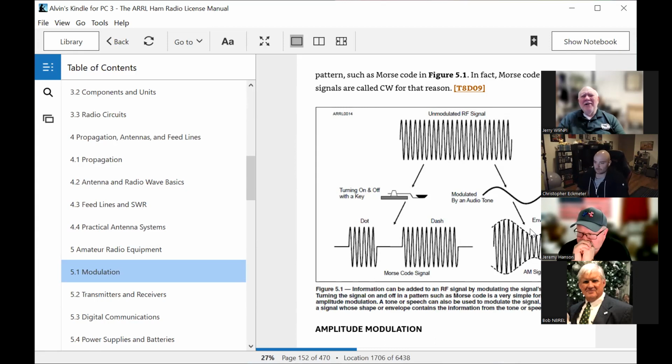A fellow in, I think it was 1905, actually did that. He took a carrier produced by an alternator, and he added a microphone to the antenna, and he had to water cool the microphone with a constant flow of water, otherwise the thing would have burned out.